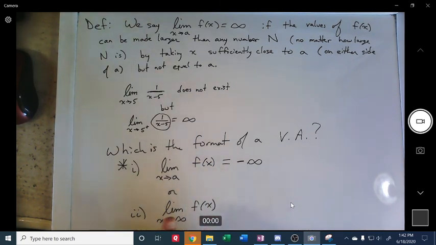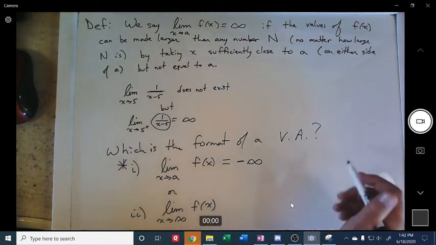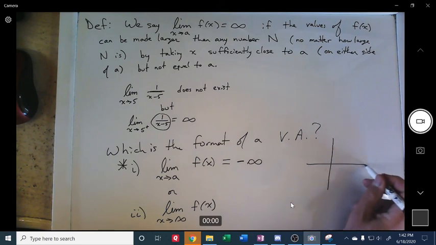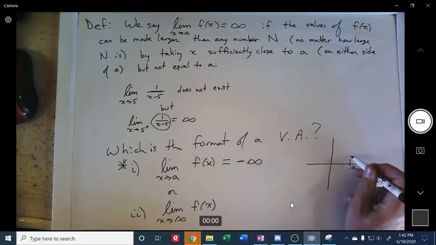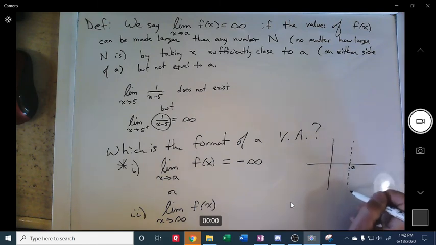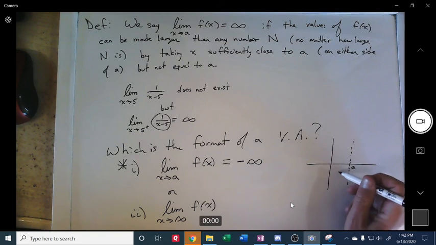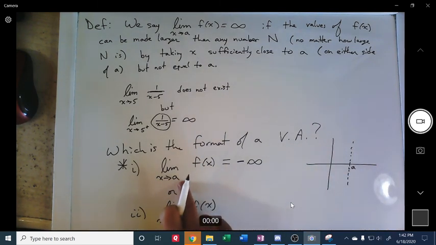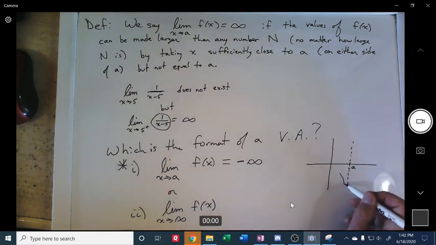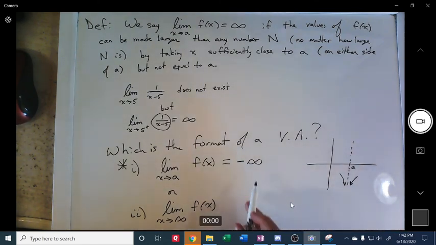If it's a vertical asymptote, you might get negative infinity or positive infinity showing up, and the picture would look like this. a would be somewhere along here, and then you're going to have a vertical asymptote. As x approached a, this one didn't say plus or minus, so it has to be from both sides, going down to negative infinity. And then this is a vertical asymptote.